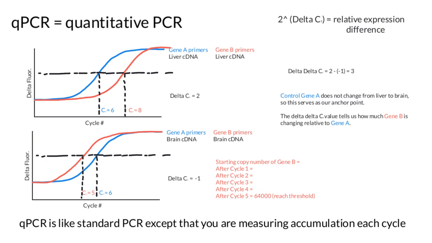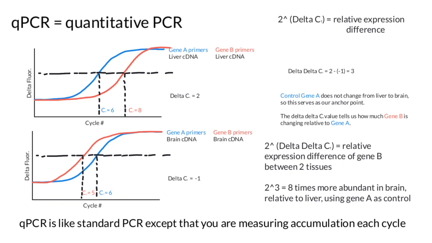For that to be true, that means that if we track it back to the starting copy number of gene B specifically in brain cDNA, because the PCR cycles are doubling each time, that must mean we had about 2,000 copies of gene B starting out in brain tissue. Relative to in liver cells, we only had 250, okay, which is about 8 times less of gene B. And that's exactly what our delta-delta CT is telling us.